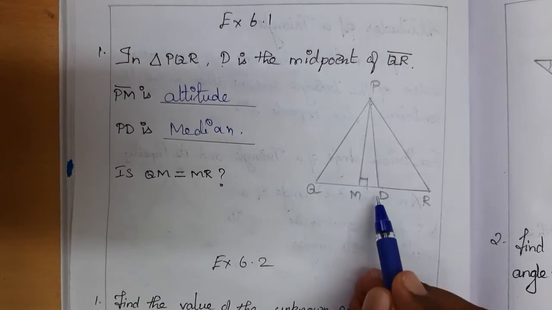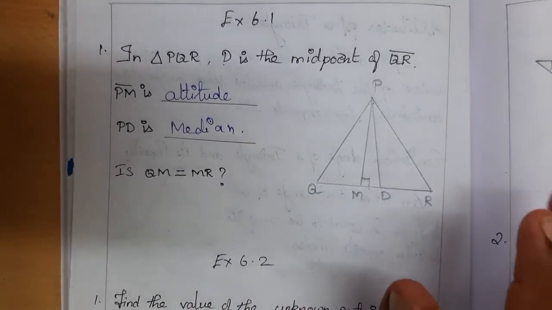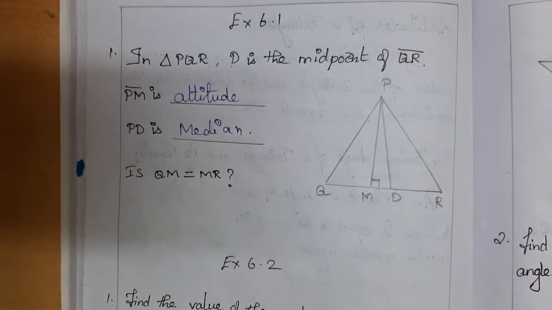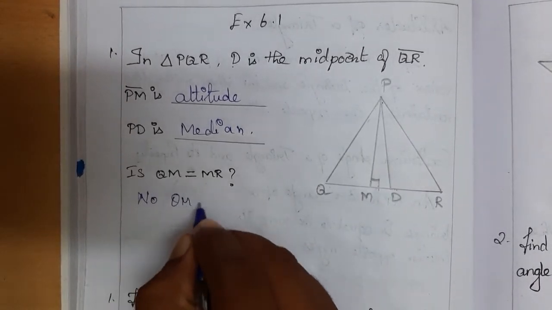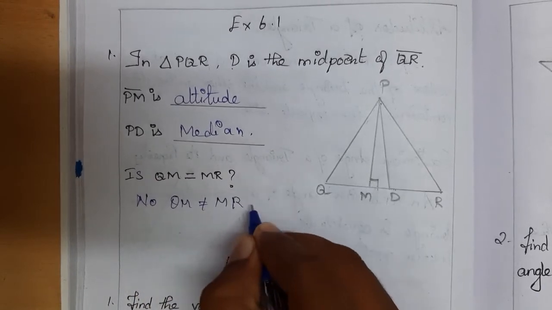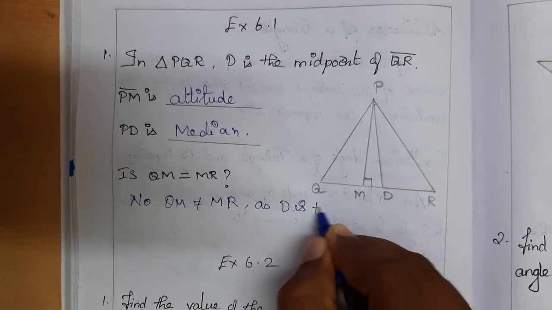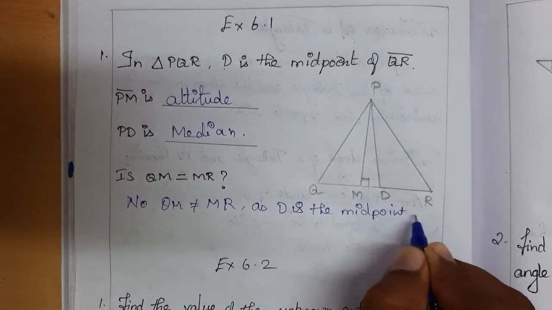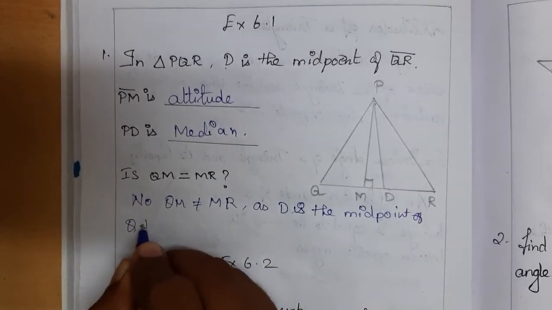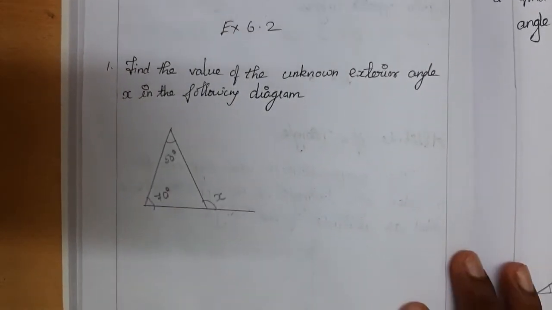D is the midpoint, so QD is equal to DR. We cannot say that QM is equal to MR. So QM is not equal to MR, as D is the midpoint of line segment QR.